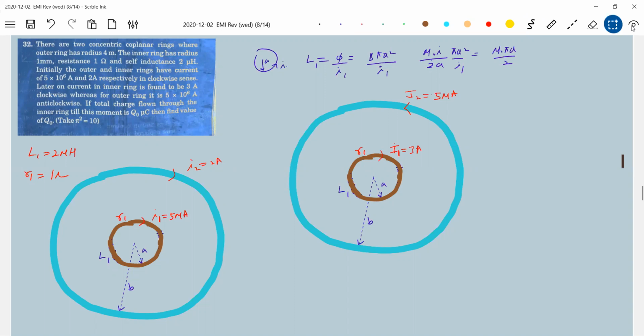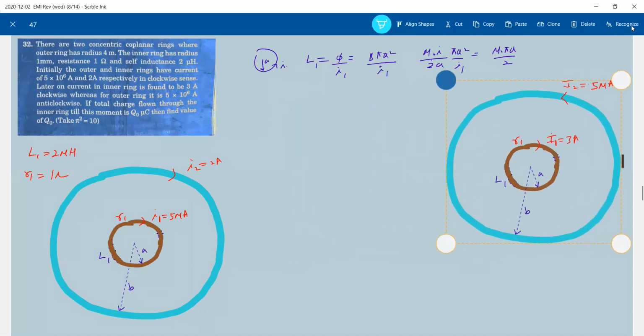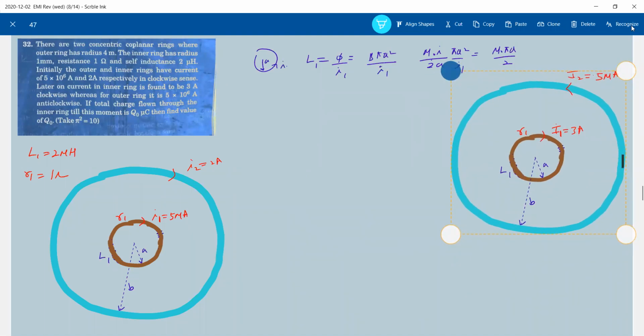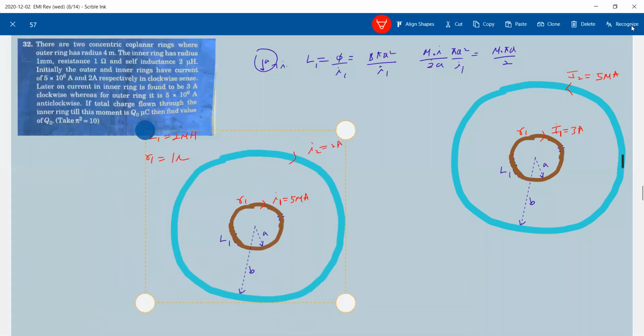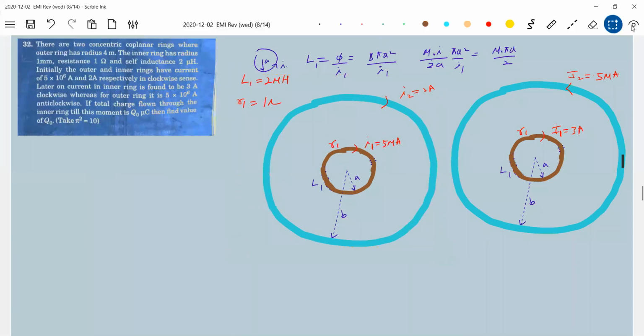I will push everything to one side so that we get writing space. So this is later on, and this is the initial. Initially the inner ring has 2 ampere.